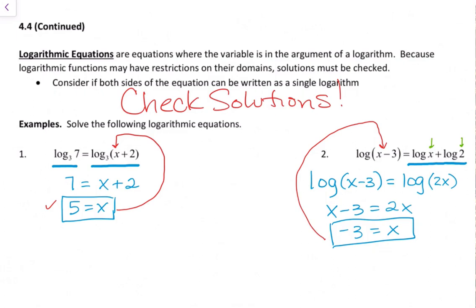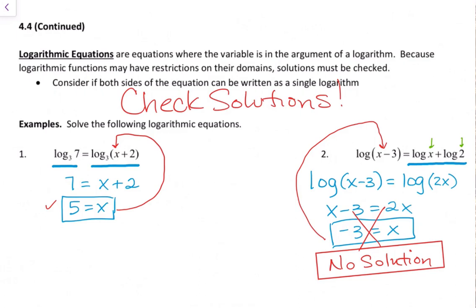And I can't have that. So that means that solution gets thrown out. If any one argument in the original equation becomes negative or 0 with your x, then it has to get thrown out. And since this was the only solution that I had to work with, and I threw it out, that means that this equation has no solution.